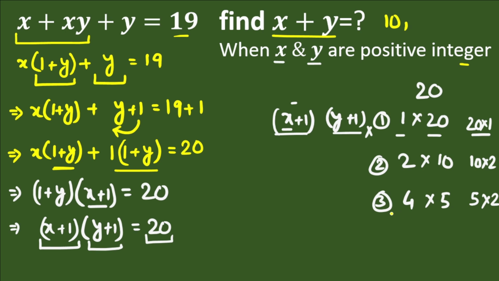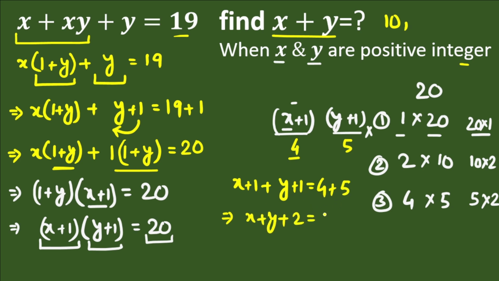Now for the third case, either x plus 1 will be 4 and y plus 1 will be 5, or 5 and 4; the result will be the same. Now we add these two factors: x plus 1 plus y plus 1, and on the right-hand side we have 4 plus 5.